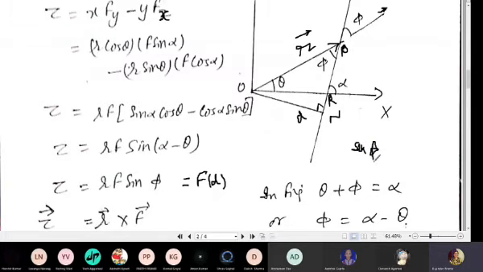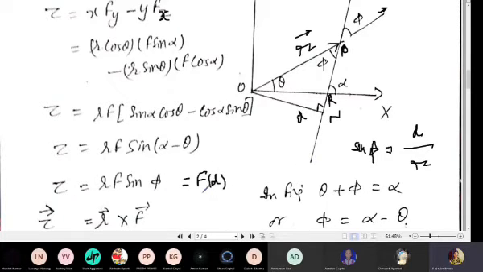Sine phi equals, here's ON, it means D, divided by this vector, R vector. So D can be written as R sine phi.